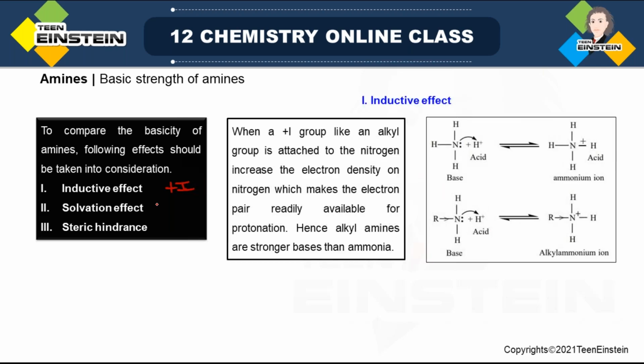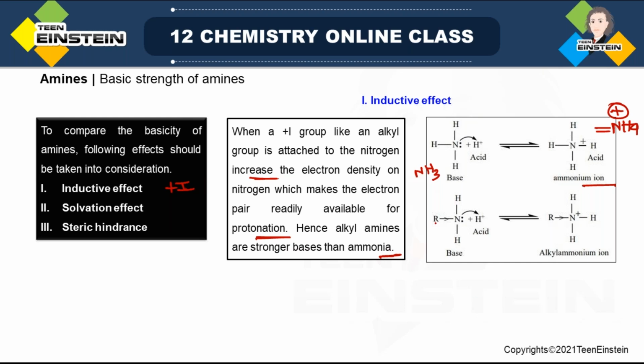First is the inductive effect. When a plus I group like an alkyl group is attached to nitrogen, obviously electron density will increase and it will make the electron pair readily available for protonation. If this logic is correct, then compared to ammonia, alkylamine should be more basic. See, this is the ammonia molecule, the first one, it is donating its lone pair. Now we are getting the NH4 plus ion.